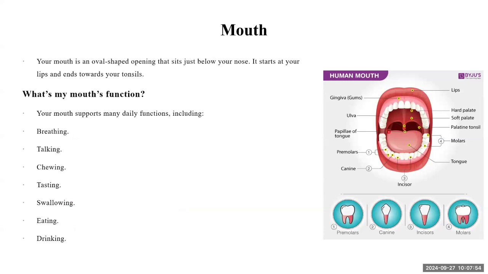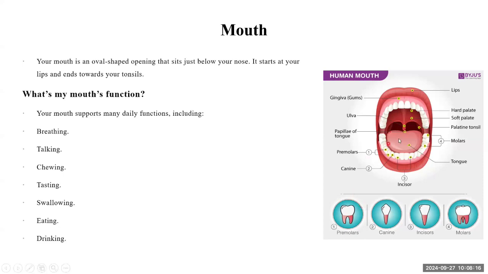We can taste through our mouth, we can breathe through our mouth, we can talk by different tongue movements, we can swallow our food with the help of our oral cavity and the tongue, and definitely it's used for eating or drinking.